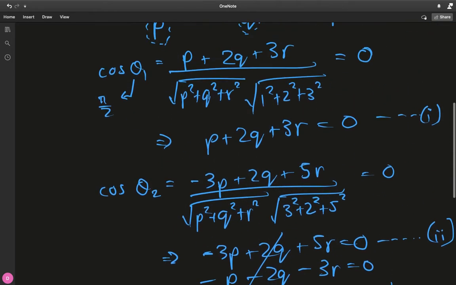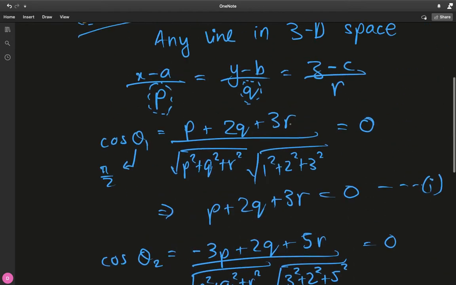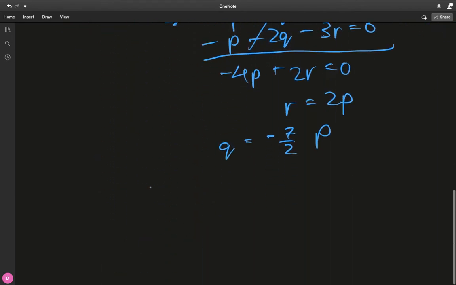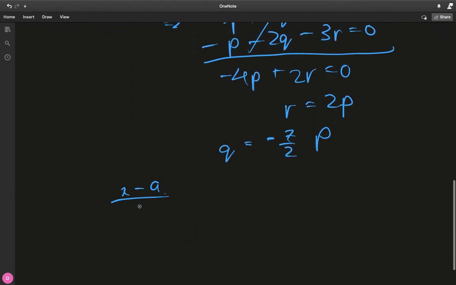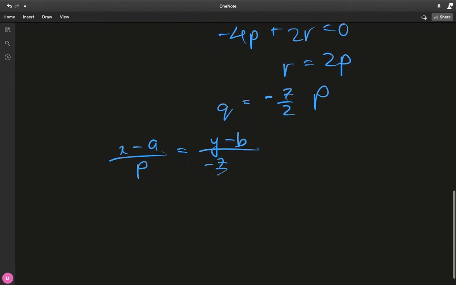So now we can write all these p, q and r in terms of multiples of p. Now our general equation becomes (x minus a) over p is equal to (y minus b) over q, but q we found out to be negative 7 over 2 p, is equal to (z minus c) over r, which is 2p.